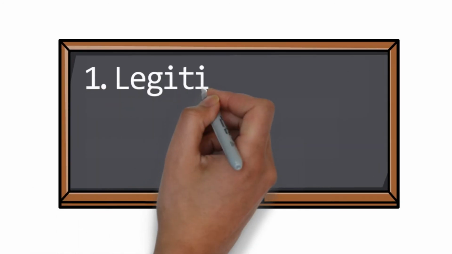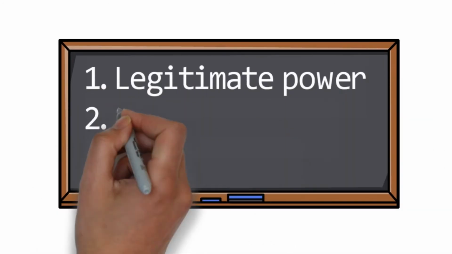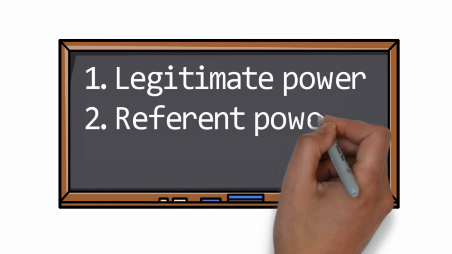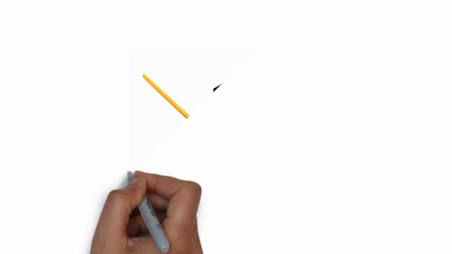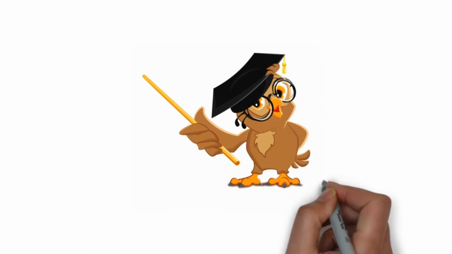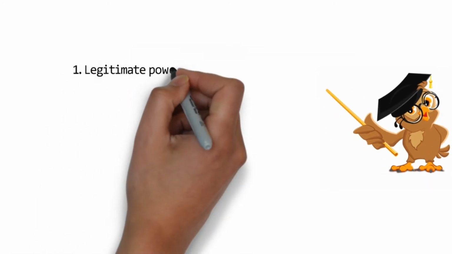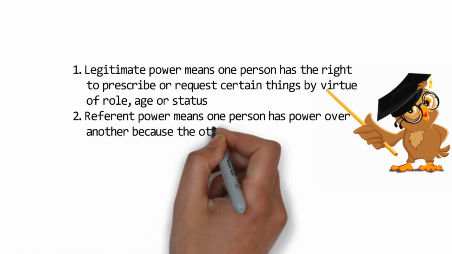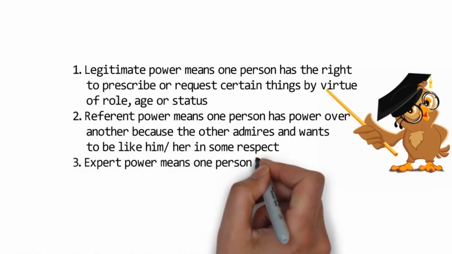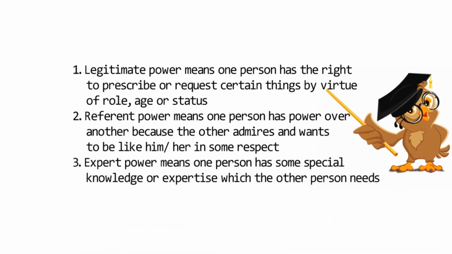Power is divided into three classifications: first, legitimate power; then referent power; and the last, expert power. Legitimate power means one person has the right to prescribe or request certain things by virtue of role, age, or status.